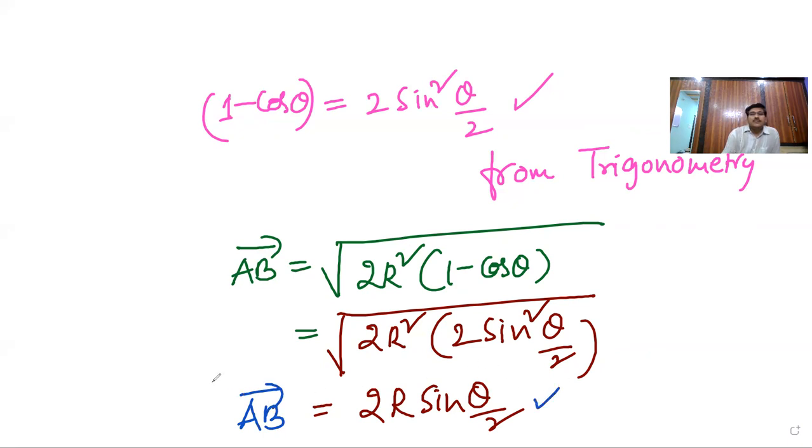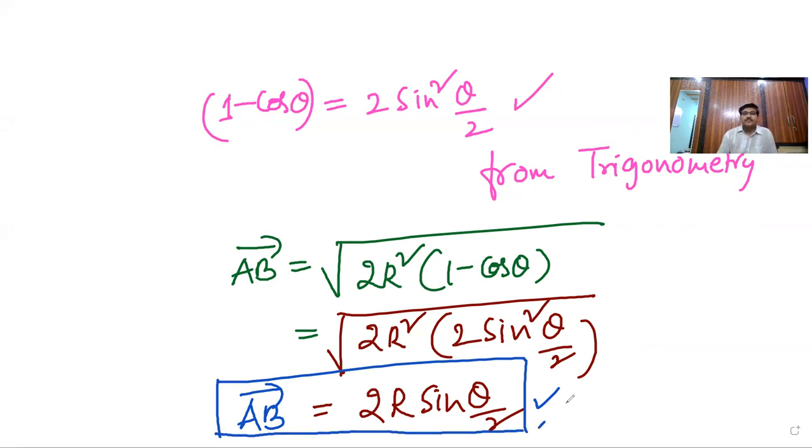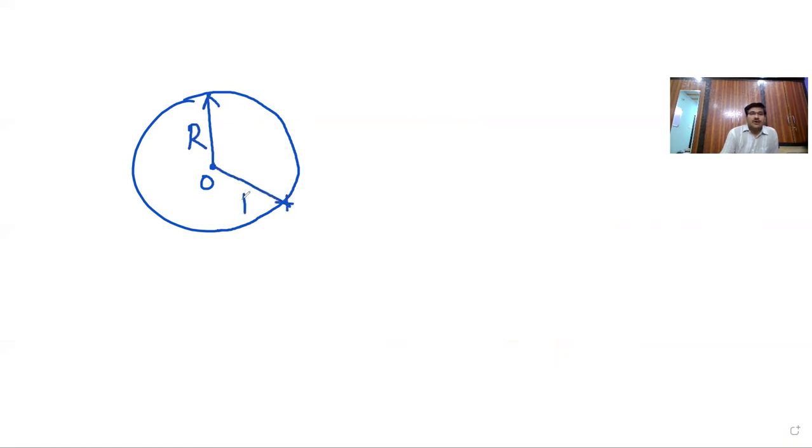This is the general formula to be used anywhere to calculate the displacement. That means, here I quote, if this is a circle, if origin is this, if one position vector is R having magnitude, another position vector is also R having magnitude.